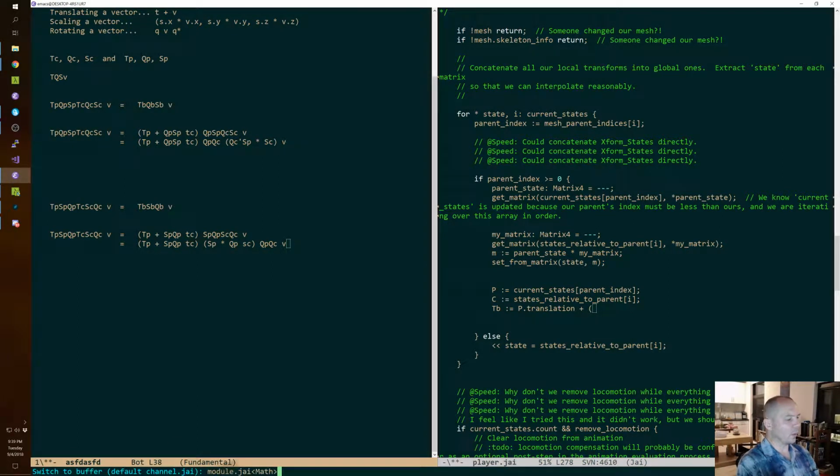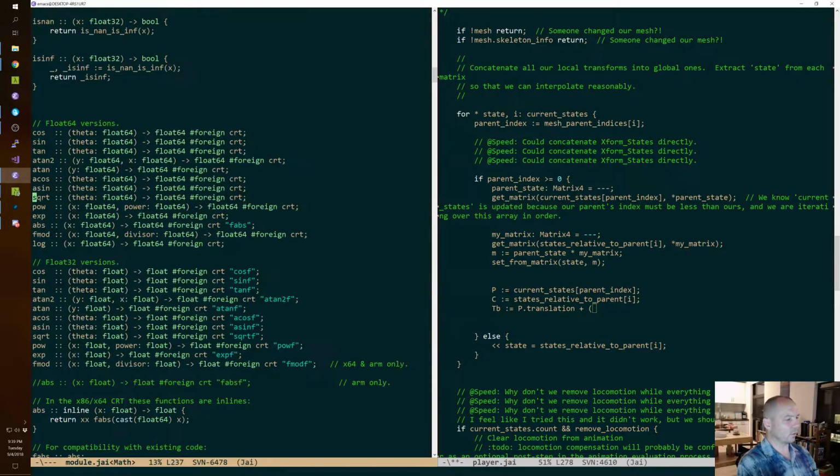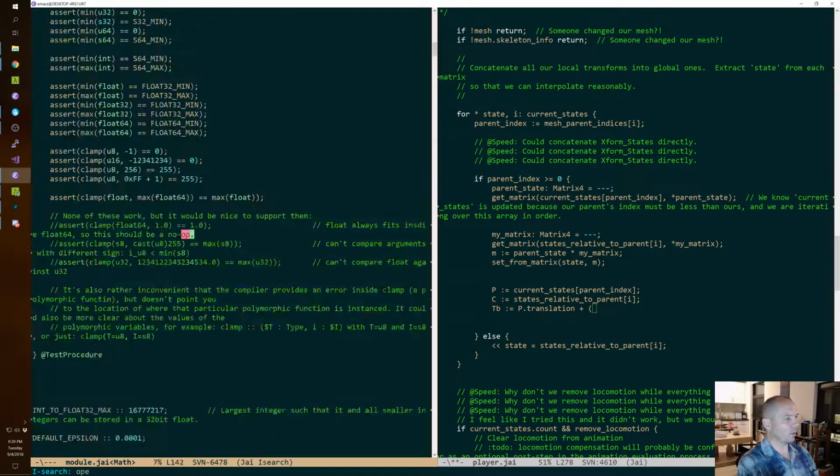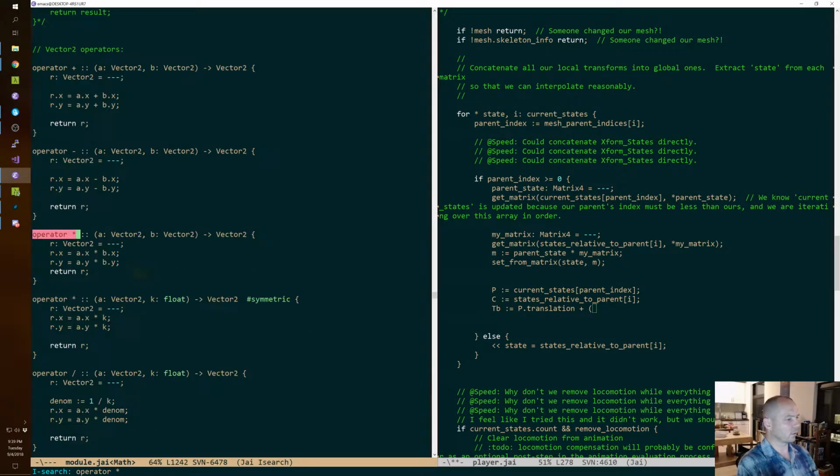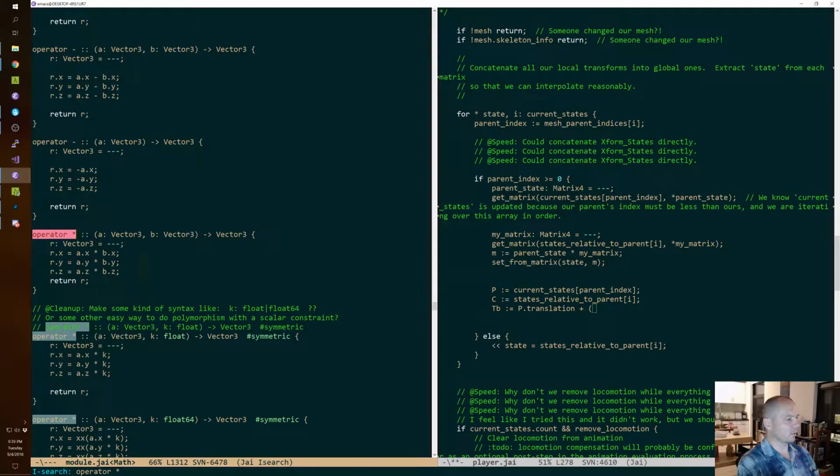I don't usually define vector 3 times vector 3. Someone did. Ignacio did, probably. All right, so I'll allow us to use it. The reason I don't usually do this is because, hey, is that dot product?